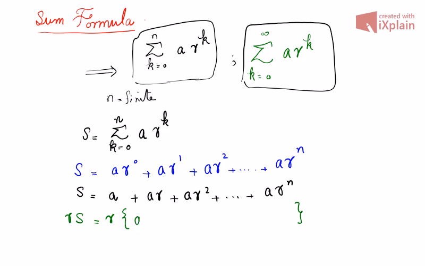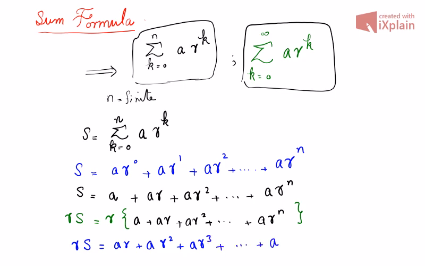So we have r S on the left, and on the right, a r plus a r square and so on, up to a r raised to the power n plus 1. So rS can be written as a r plus a r square plus a r cube plus so on, and the last term is a r raised to the power n plus 1. Now we are multiplying r with every term in this summation.